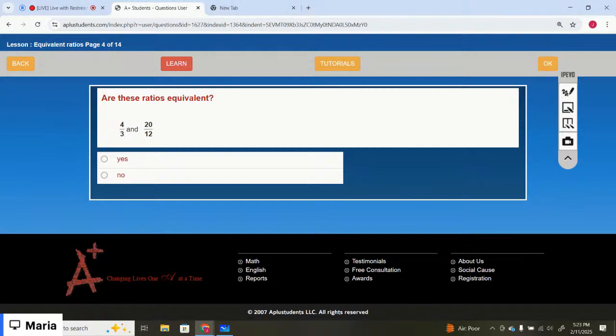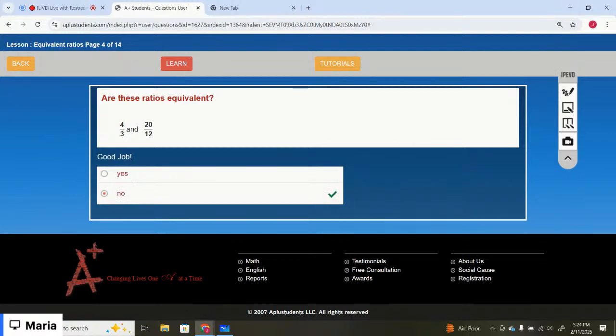Are these ratios equivalent? 4 by 3 and 20 by 12. No, they are not equivalent. Option number 2 is the correct option.